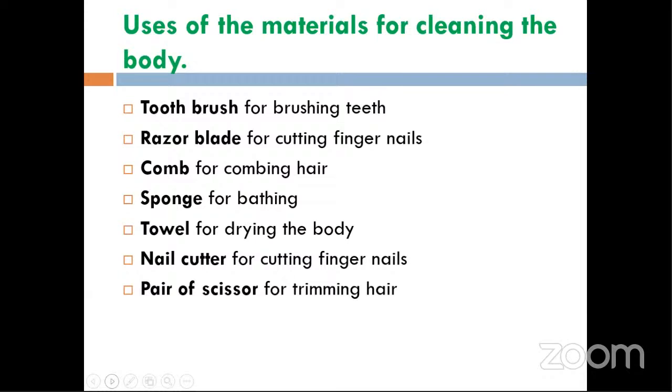If they talk about materials we use to keep our nails short, you talk about the razor blade and the nail cutter. And the material you use for drying our bodies is the bathing towel. As simple as that. So let's continue.